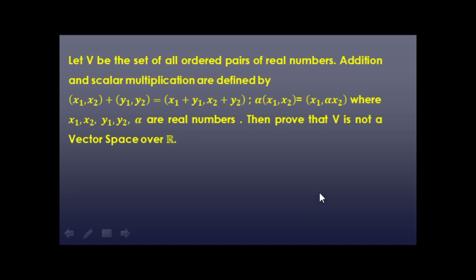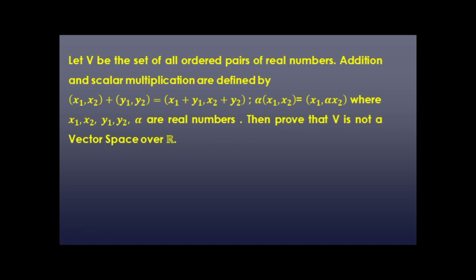The next is, let V be the set of all ordered pairs of real numbers. Here addition and scalar multiplication are defined as follows: the ordered pair (x1, x2) plus (y1, y2) equals (x1 plus y1, x2 plus y2). The scalar multiplication is slightly different from the previous problem, that is alpha into (x1, x2) equals (x1, alpha x2).